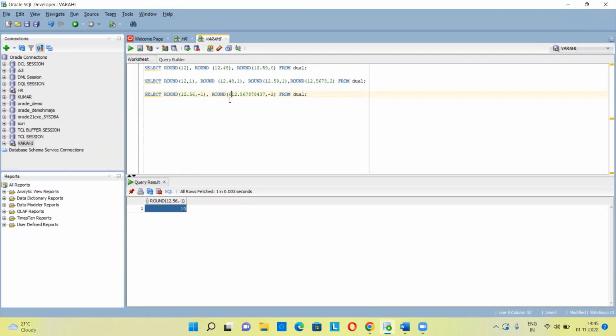So what is -2 here? This is the -2 position, and I have crossed up to here. So it is going to place 2 zeros in place of 1 and 2. So the output will be 600. Simply placing zeros there, correct?